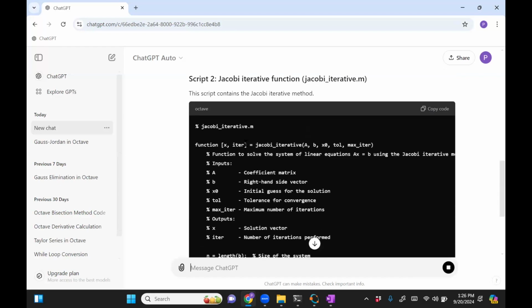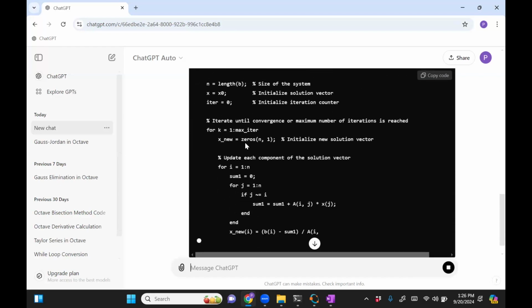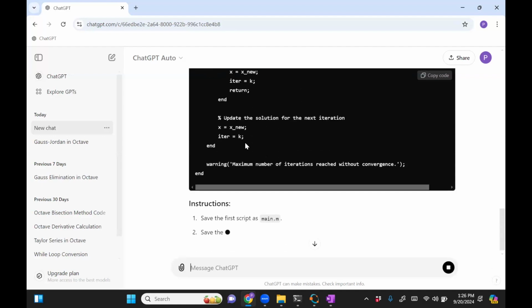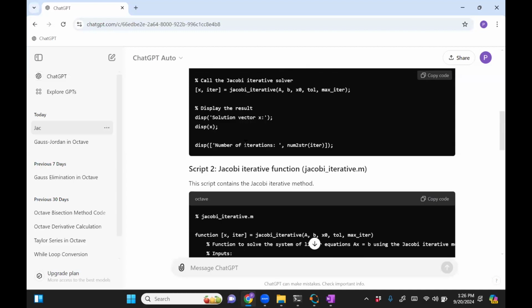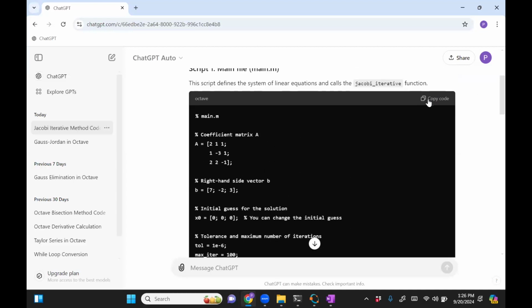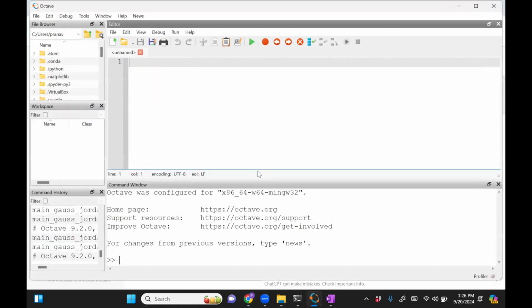And then here's the function. Okay, I'm going to copy this and see if it produces the results we expect.